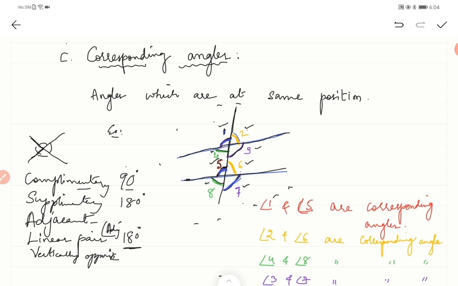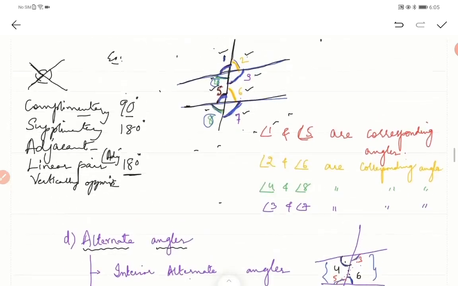Then 2 and 6, and the position of 3 is down here, so it matches with 7. 3 and 7 are at the same position, and one more, 4 and 8, are at the same position, down, down. All right, so these were your corresponding angles.